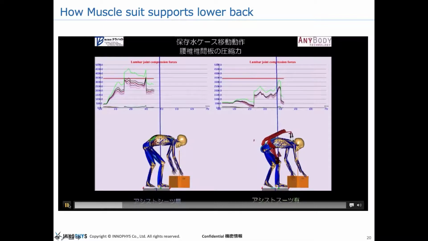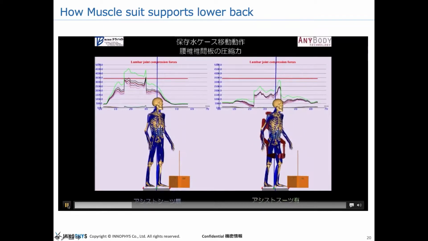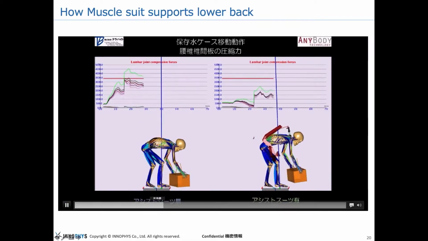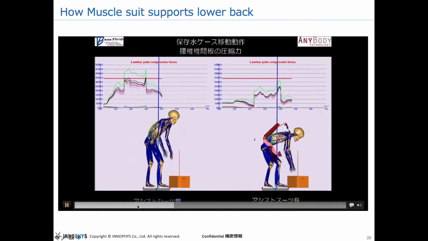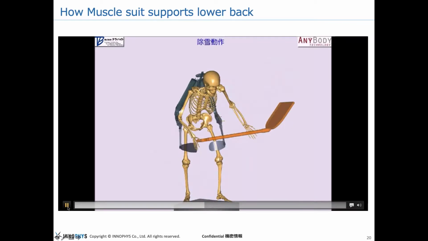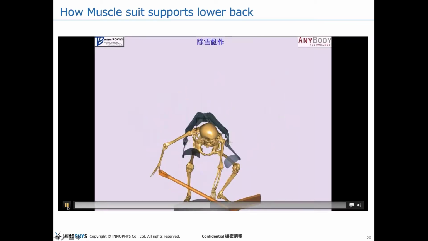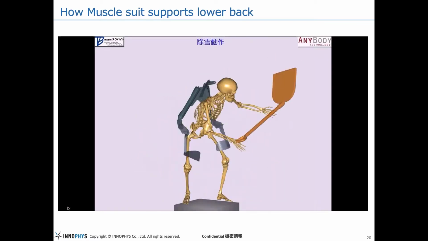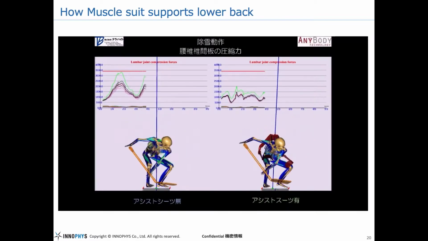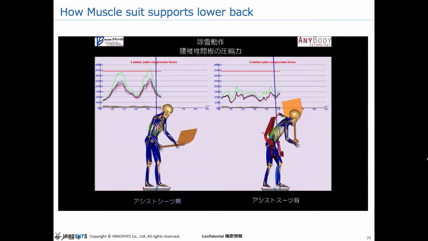There is another task we simulated, which is shoveling mud. Okay, shoveling mud. You can see it. This is also the same: when you're leaning forward, lifting up the mud, the product also reduces the burden.